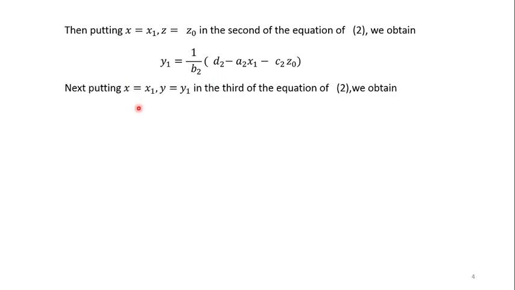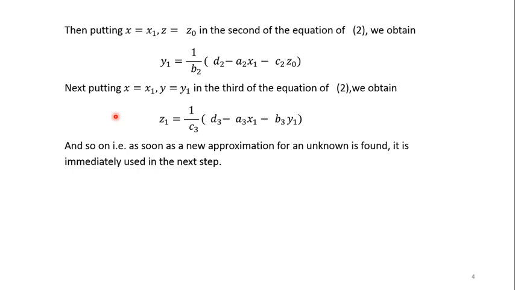Next, putting x = x1 and y = y1 in the third equation, we obtain z1 = 1/c3 (d3 - a3 x1 - b3 y1), so the modification starts from the first iteration.